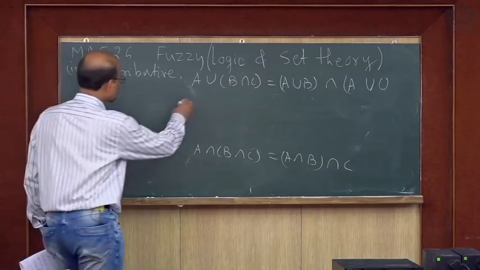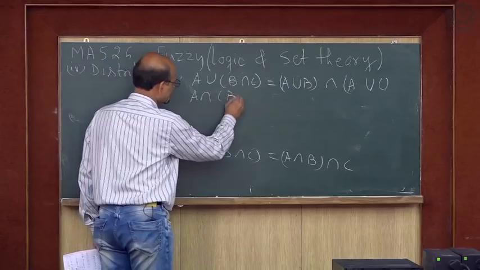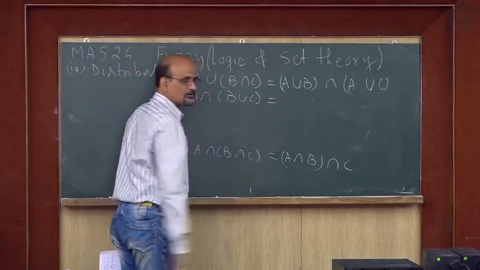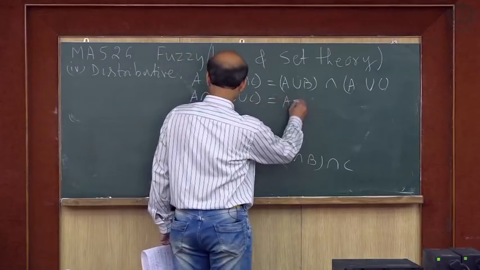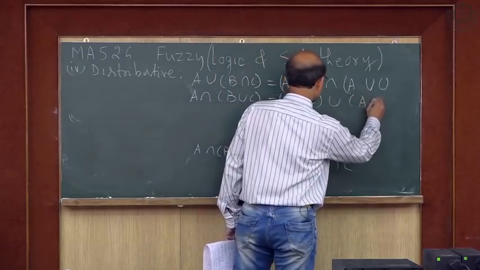Similarly, I can change this union and intersection: A intersection B union C is equal to A intersection B union A intersection C.